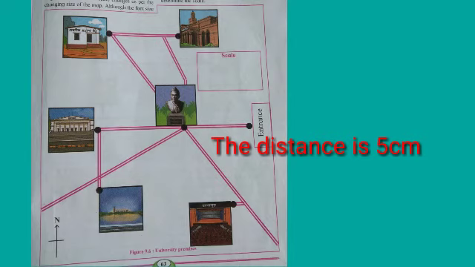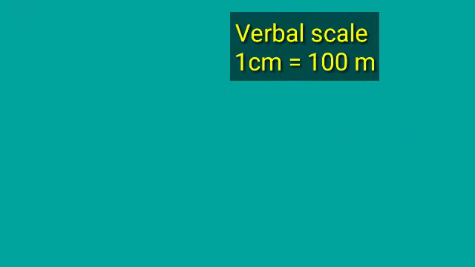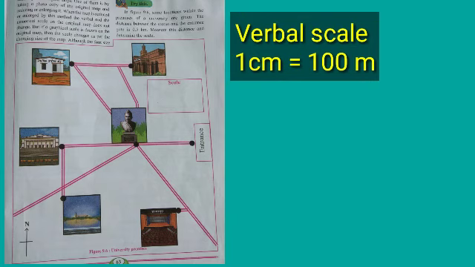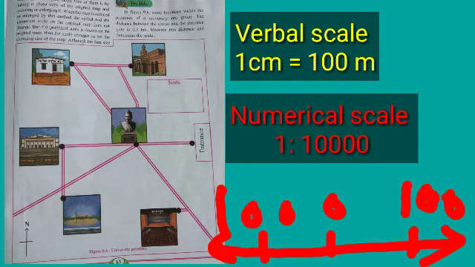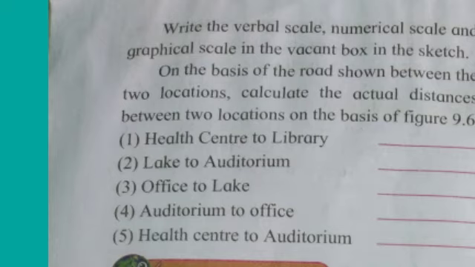So the verbal scale is 1 cm is equal to 100 meter. The numerical scale is 1 ratio 10,000 and the graphical scale is 0, 100 meter, 200 meter, 300 meter towards both sides, that is left and right side.